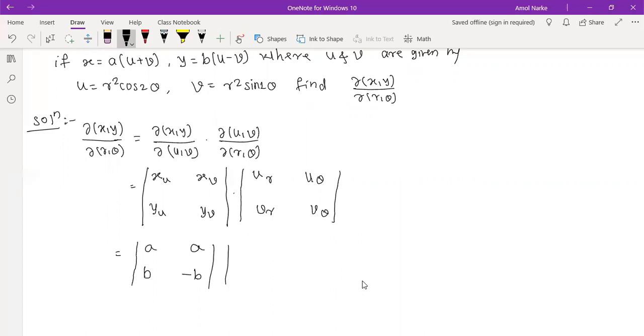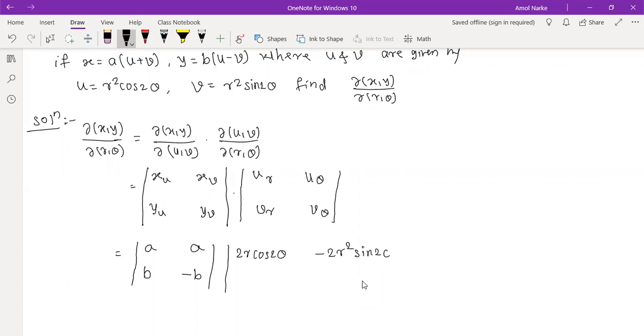Very good. Now, u with respect to r, keeping theta constant: 2r cos 2 theta. Now u with respect to theta. What is the derivative of cos 2 theta? Minus 2 sin 2 theta, so it is minus 2r square sin 2 theta.